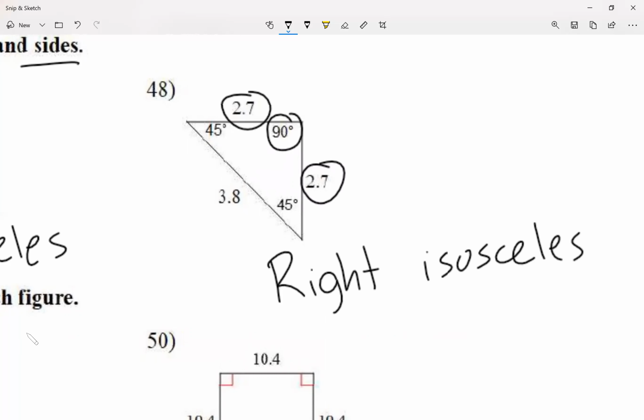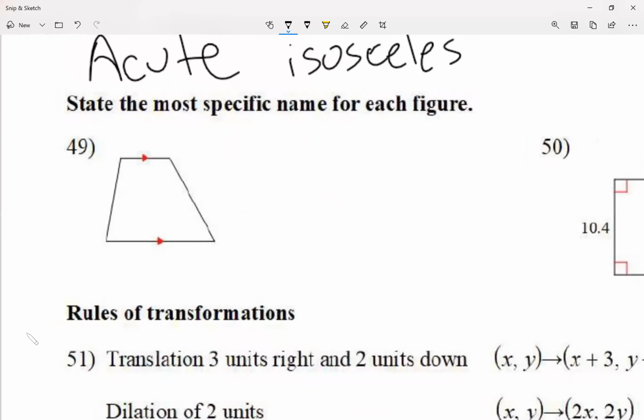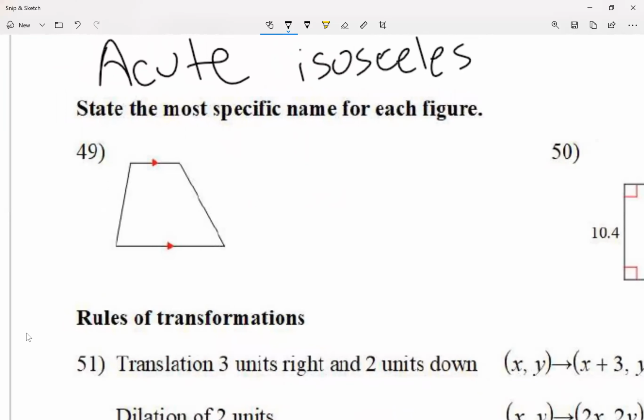And then we also talk about the names of quadrilaterals. State the most specific name for each figure. Now, in this case, question number 49, I see the top side and the bottom side are parallel. Those two sides are parallel. I can tell one of them is bigger than the other. And the two sides at the side, they're not parallel and they're different sizes.